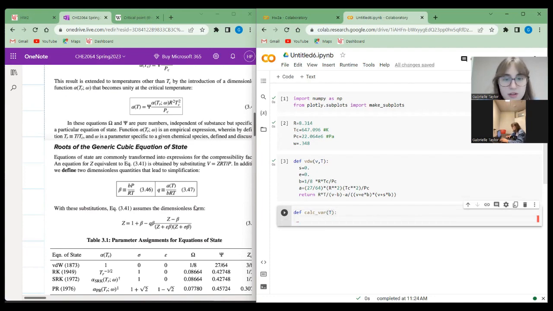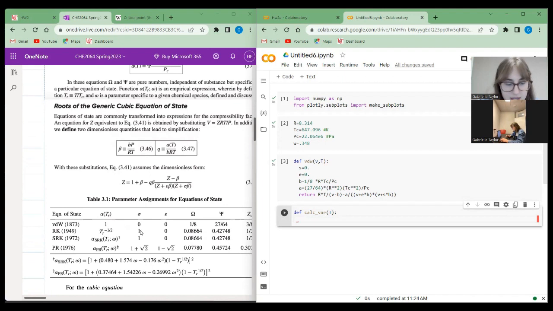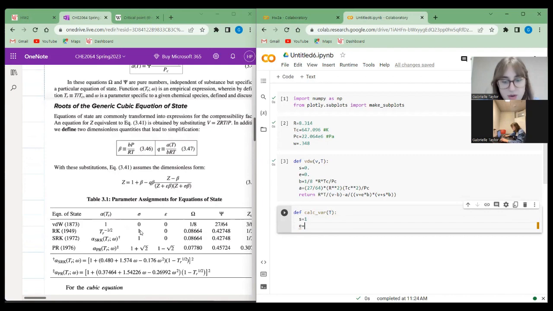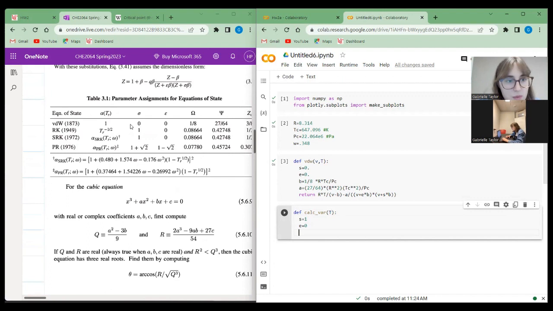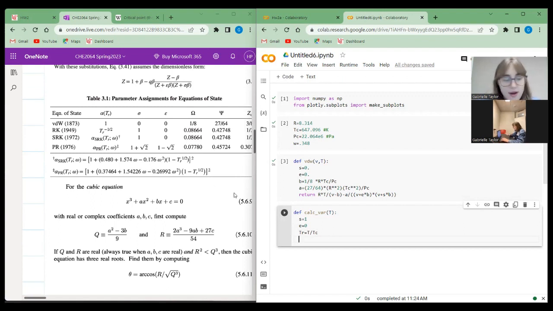Let's do sigma equals 1, epsilon equals 0. So we know our sigma and epsilon, and then we have our alpha. Our alpha has reduced temperature in it. Reduced temperature equals temperature divided by temperature at the critical point.